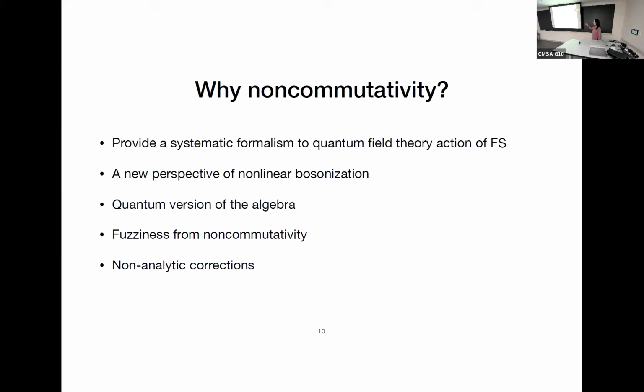Also, from there, we can find the quantum version of the algebra. And because of non-commutativity, due to the uncertainty principle, we can reach some vastness property of these Fermi surface systems. And also, we can find the analytic correction due to this non-commutativity.